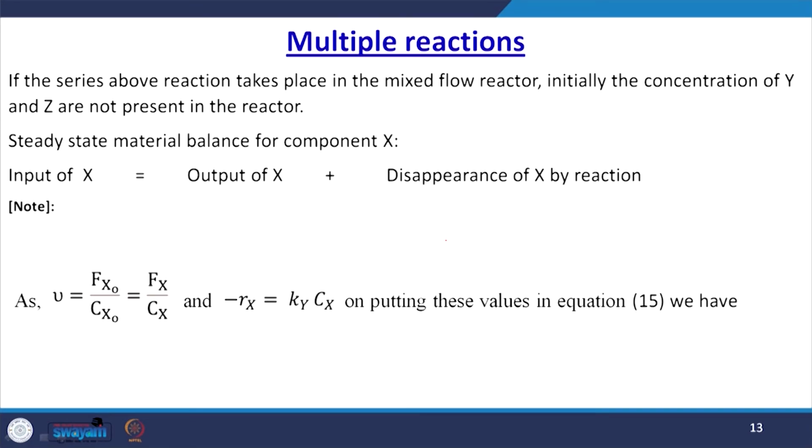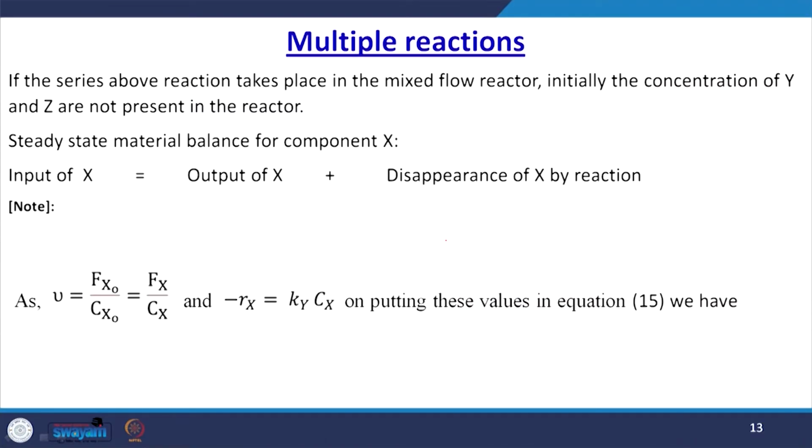In other words, if we perform the steady state material balance for the component X, the input of X is equal to the output of X plus the disappearance of X by reaction. So, we can write the steady state material balance equation for X as Fx naught is equal to Fx plus, since it is being consumed in due course of time, that is why we put a minus sign over here, and this is equation number 15.